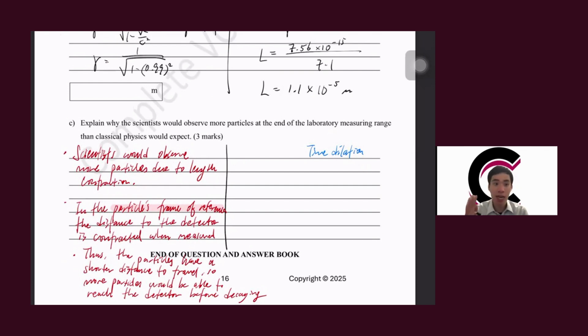In this case, the scientist would measure a longer half-life. So in the scientist's frame of reference, the particle's half-life is dilated, which means they measure a greater value. It's not short-lived, but longer-lived. I'm abbreviating frame of reference as FOR just for explaining, but in the actual explanation, write down the full response.